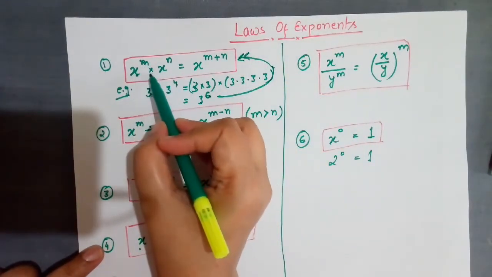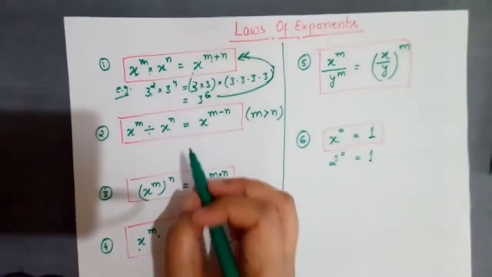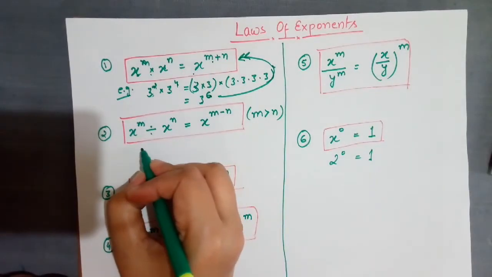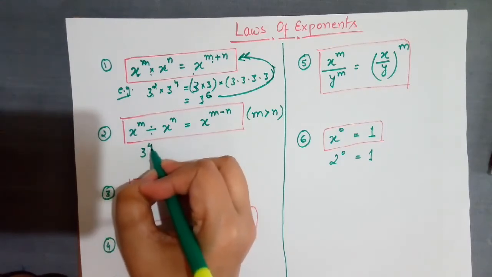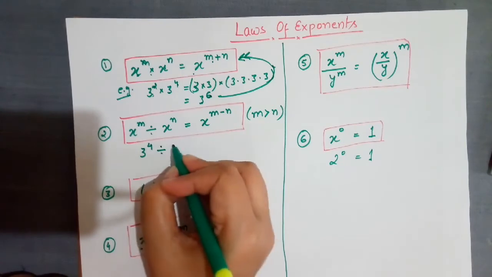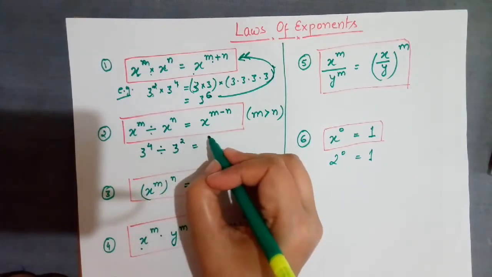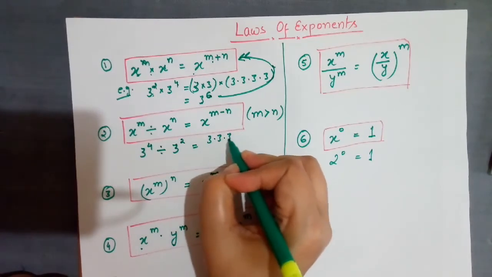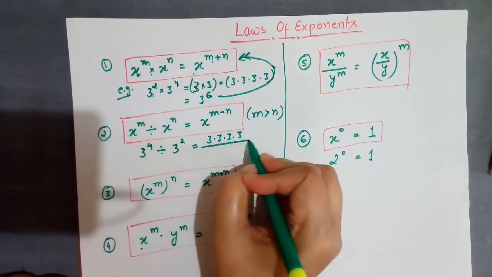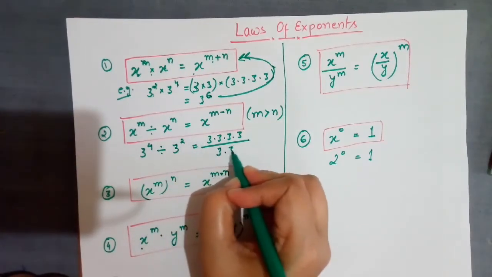X to the power m into x to the power n is equal to x to the power m plus n. Now second law, I am taking the example 3 to the power 4 divided by 3 to the power 2. Now 3 to the power 4 is 3 into 3 into 3 into 3, upon, division means upon, 3 to the power 2, 3 into 3.